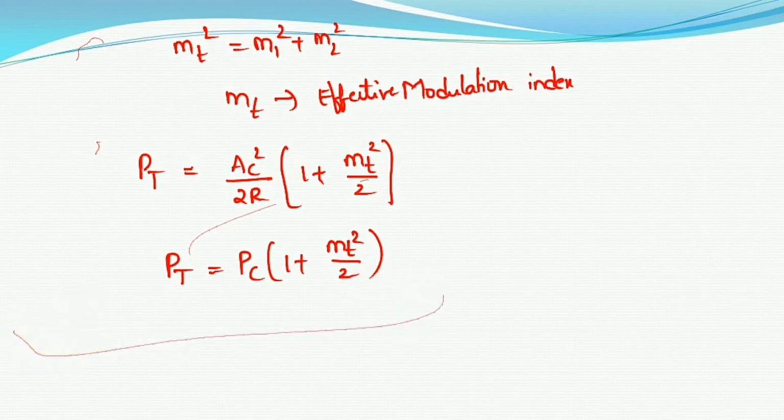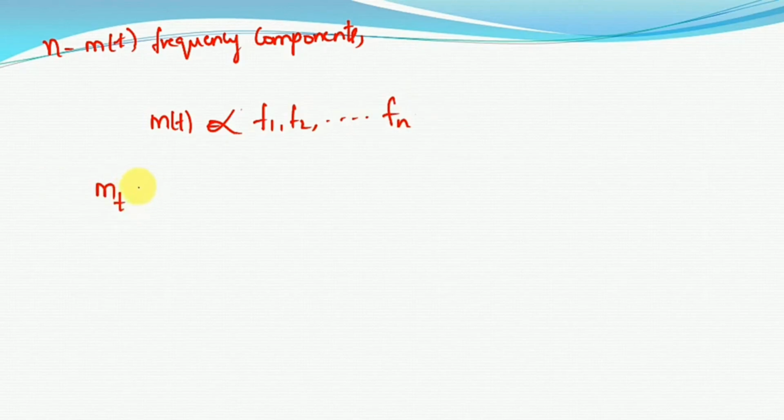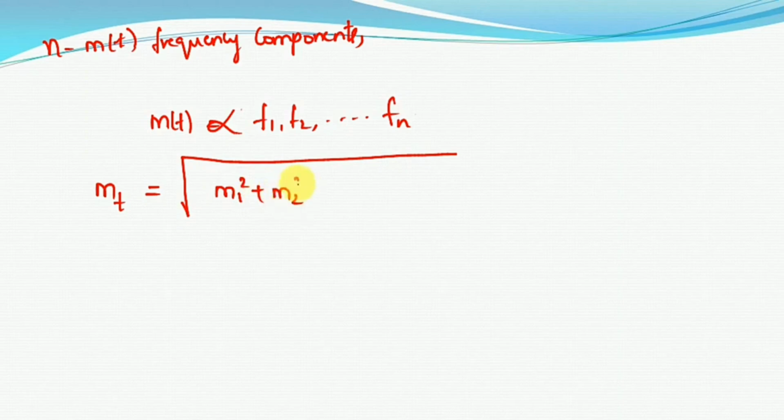For example, if n message signal frequency components are present, f1, f2 and so on up to fn, then the effective modulation index mt can be written as the square root of m1 square plus m2 square and so on plus mn square, where m1, m2 and so on up to mn are the individual modulation indices for the different message signal frequency components.